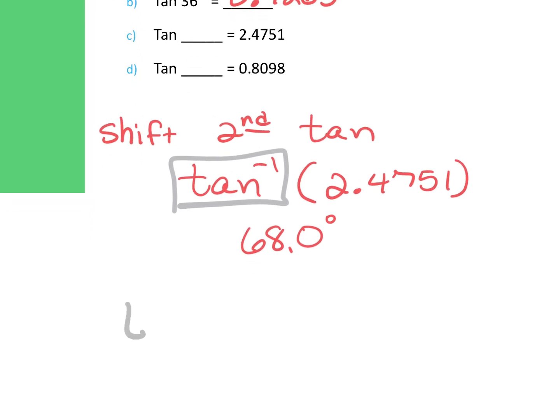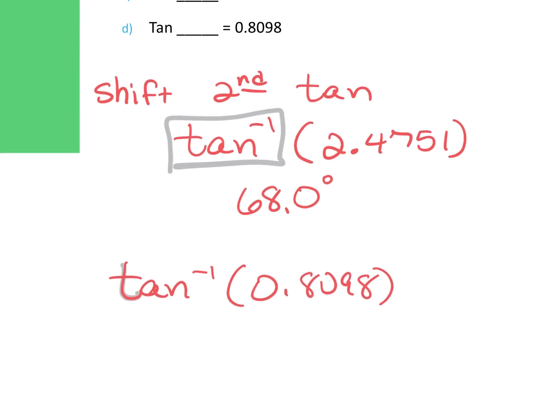You should be opening up tangent to the -1, the inverse tangent, put in the 0.8098, hit enter, and this should be giving you 39.000 something, rounded to the tenths place, 39.0. Now, not all of the answers are always going to be 0.000. They are going to have other numbers when you go to do the homework.